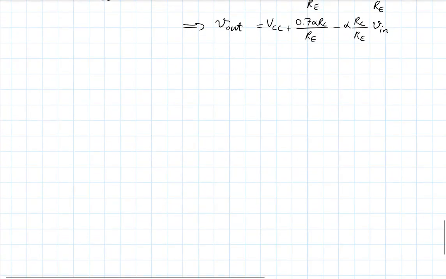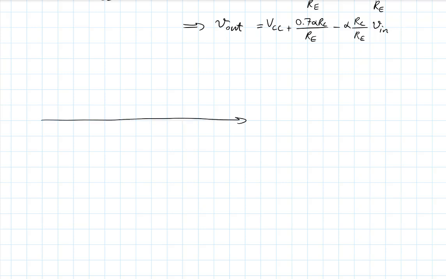Let's plot this then. Vout as a function of Vin. Started as VCC until Vin reached somewhere around 0.7 volts.